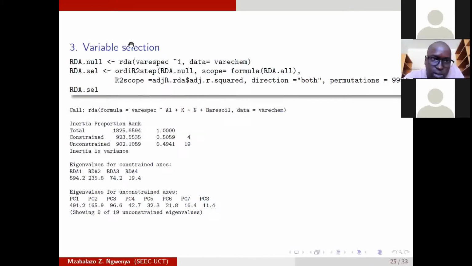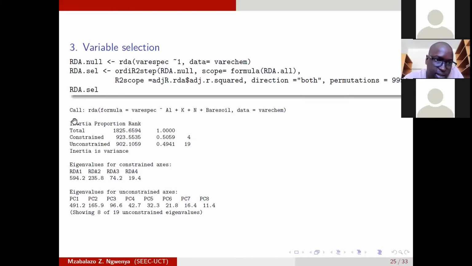Once you let the function run, you see that the function settles on four environmental variables as being the best for predicting our species composition: aluminum, potassium, nitrogen, and the best soil.